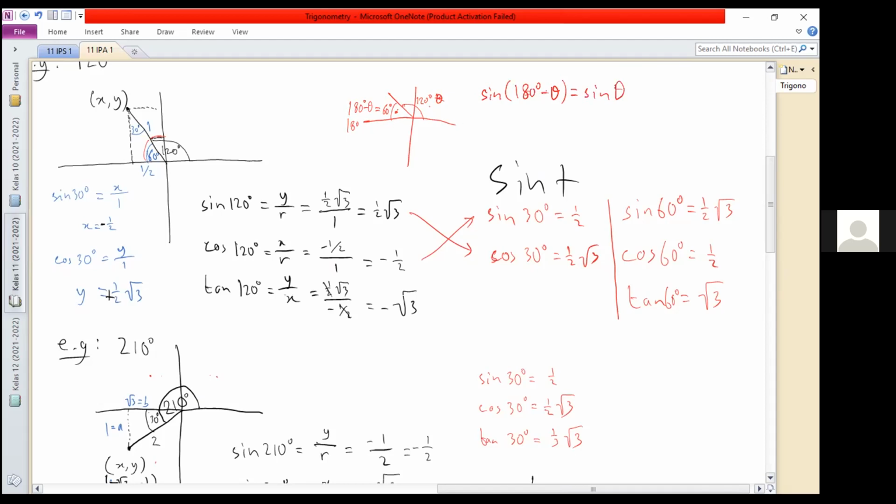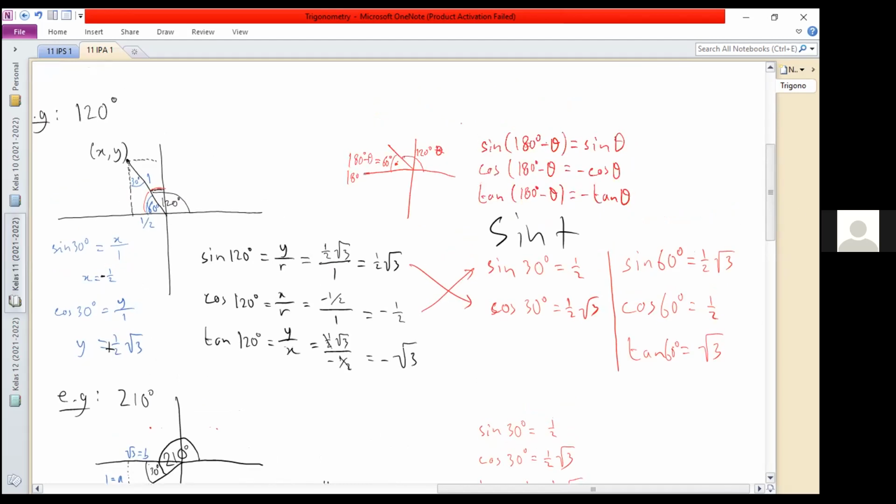And the cosine is equal to negative cosine of theta. And the tangent is equal to negative of the tangent of theta. So this is for the second quadrant.